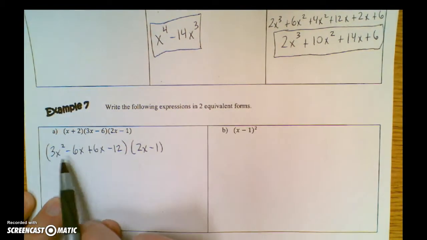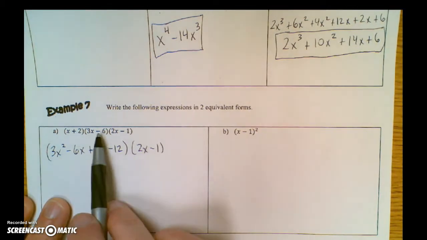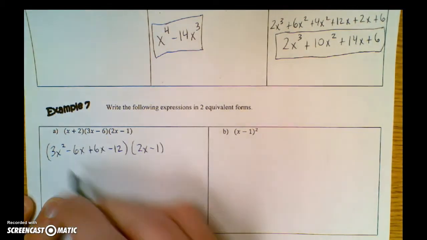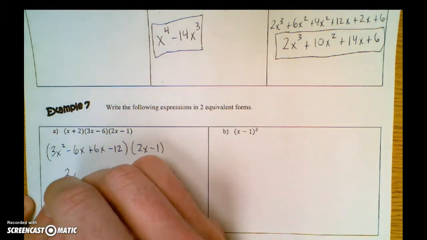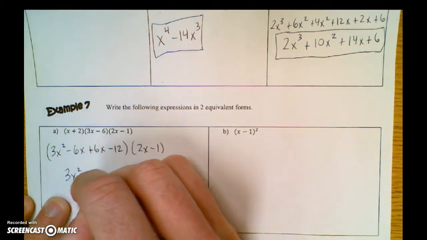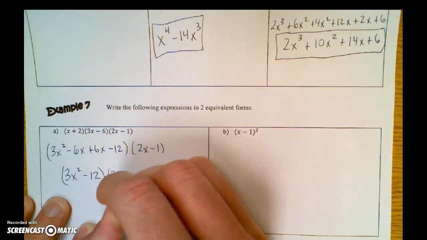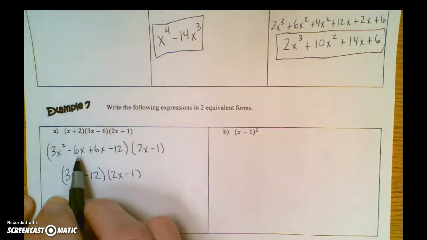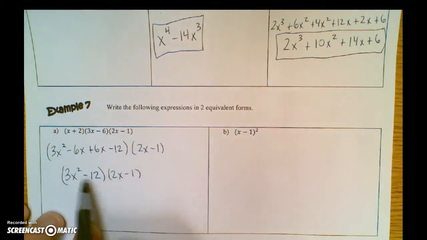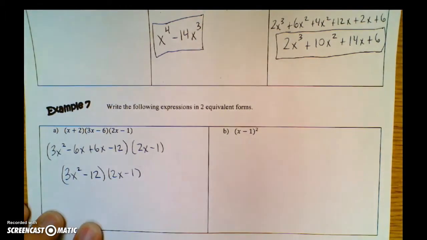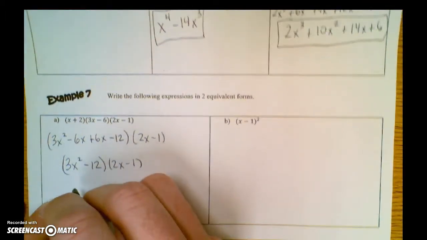So technically right here, this is one equivalent expression for the one above. Simplifying it, 3x squared minus 12 times 2x minus 1, because negative 6 plus 6 is 0. Here is another equivalent expression. And then if we did it again, I can get to another one.